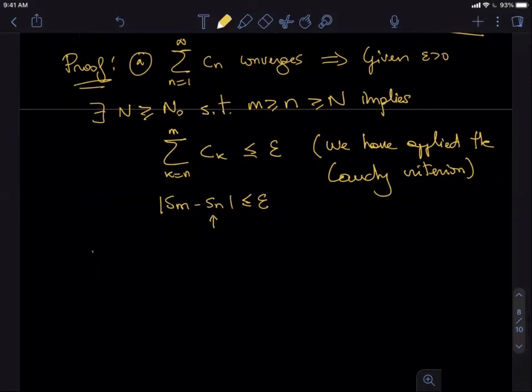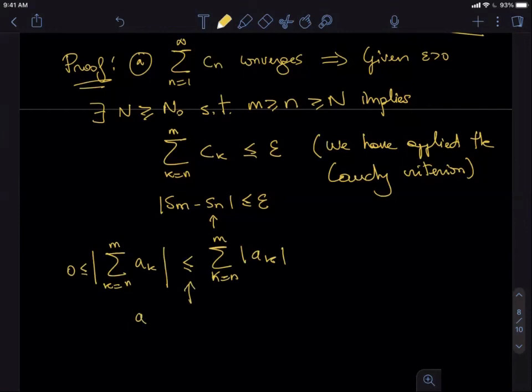But when this happens, we can look at the same differences for the ak, taking absolute values just to make sure, because this is positive. And applying the triangular inequality, we can bring the absolute value inside.